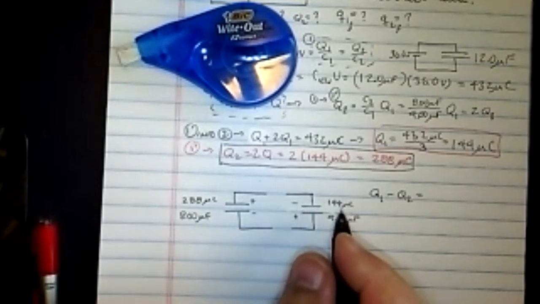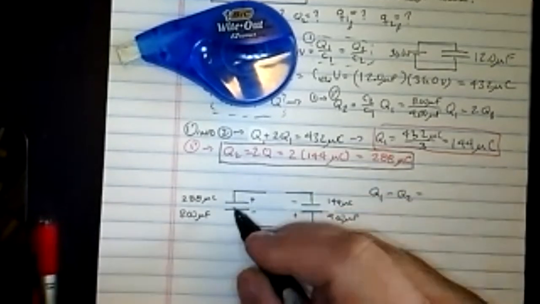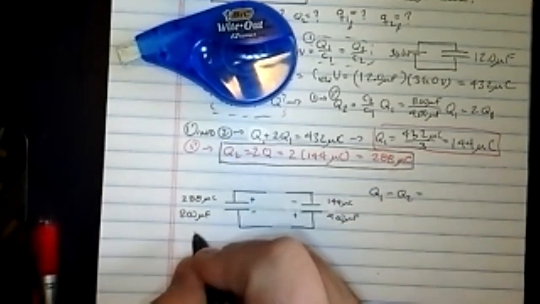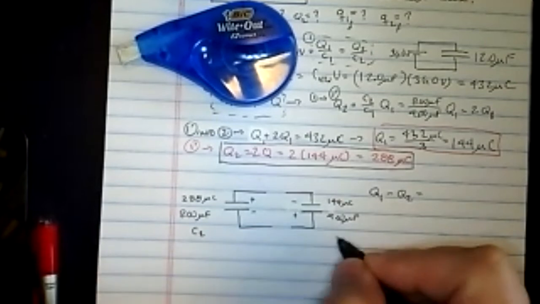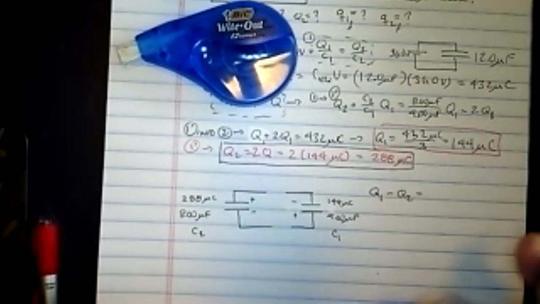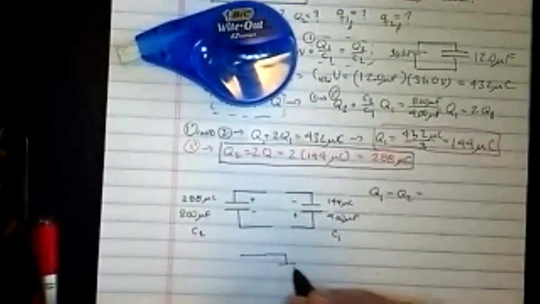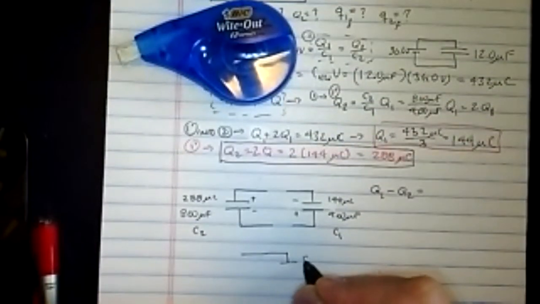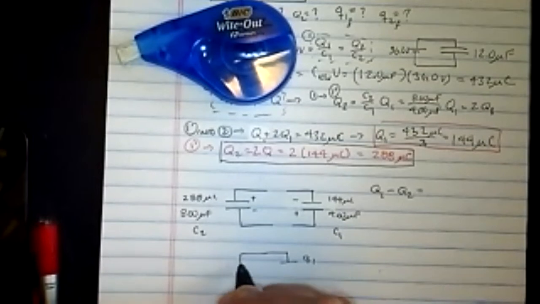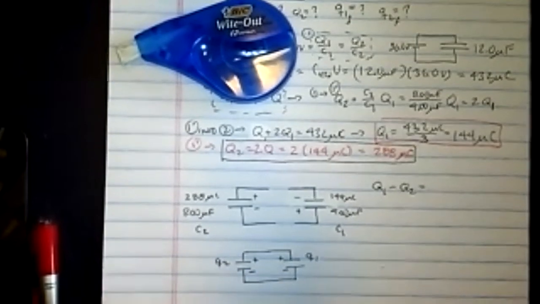And then what you have will be the new charge on the capacitors. So you're going to have the new charge on this capacitor, which is capacitor 2, and this one's capacitor 1. You're then going to have Q1 here and Q2 here. Like that.